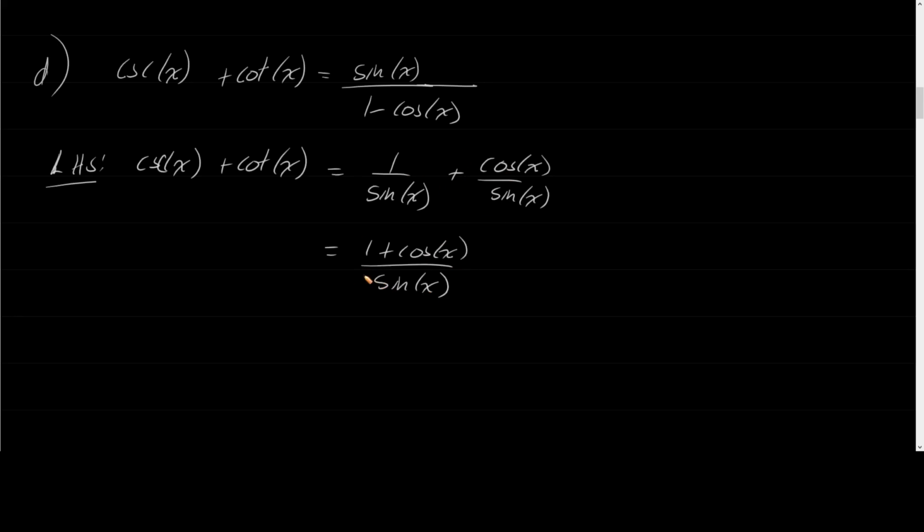But at this point, well, what do we do? That's not what I wanted. I want sine on top and 1 minus cosine on bottom. Well, what we can do here is essentially we can force it to end up with this. How? Well, I see that we want sine on top. I see that we want 1 minus cosine on bottom. So I'm going to choose one of those two to multiply by 1.